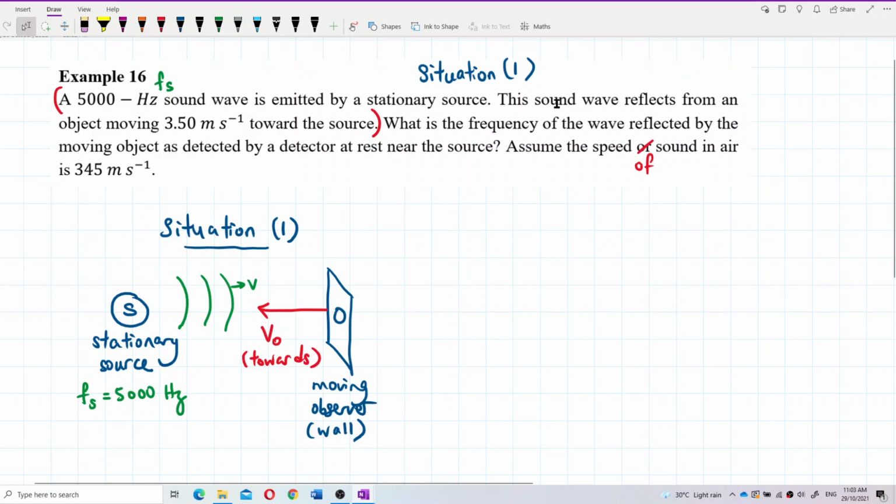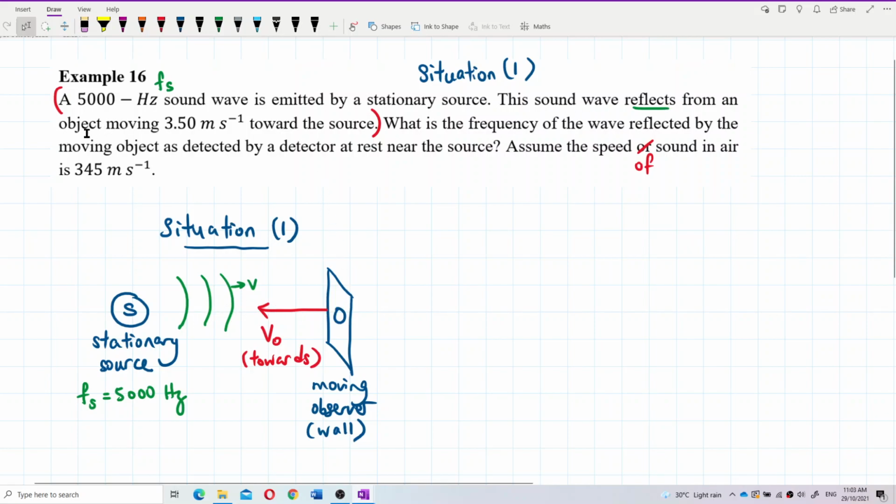And then he said the sound wave is reflected. That means it reflects whatever observed frequency it receives. It reflects the frequency of the wave it receives. Understand?